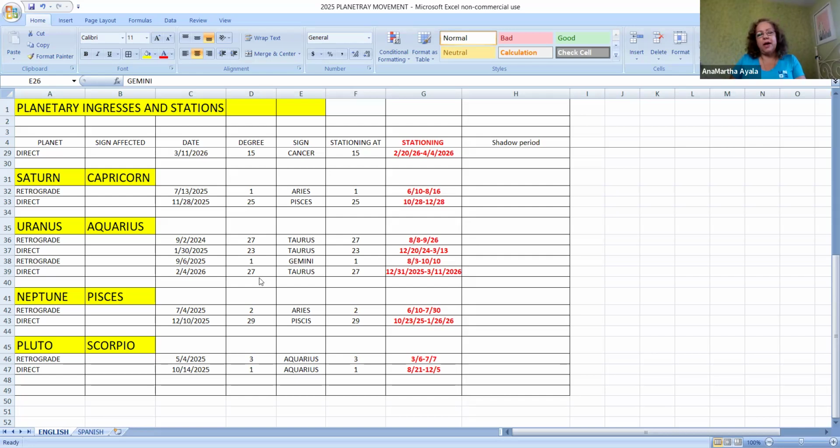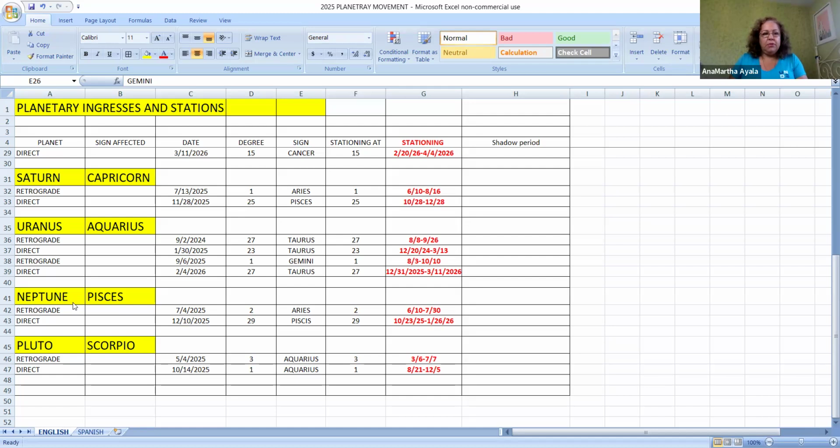So 2025 is going to be a difficult year. It's going to be a little bit nerve-wracking. But hopefully after it goes direct, it will not go back to Taurus. It will stay in Gemini.